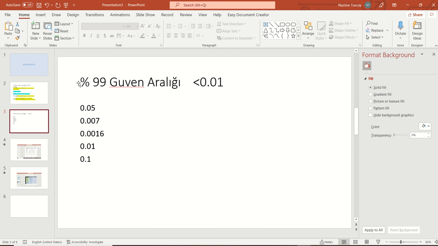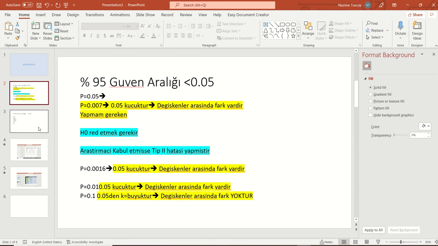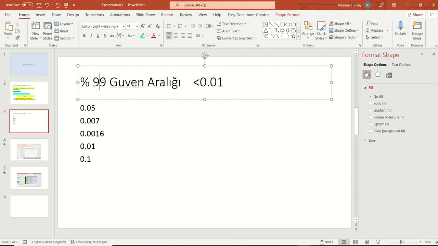For example, let us say these numbers, for this one. Let me talk about this one.